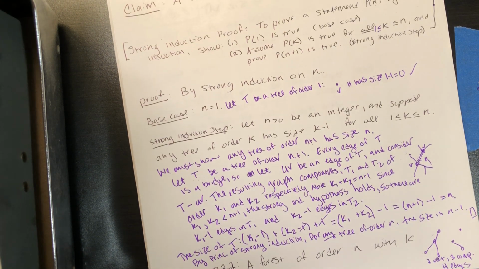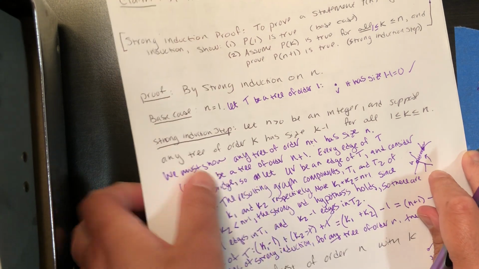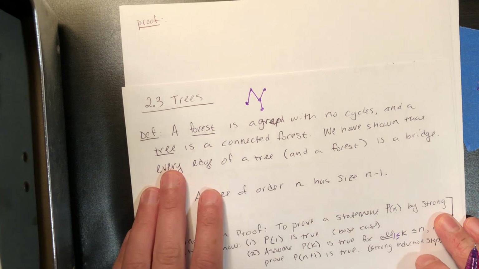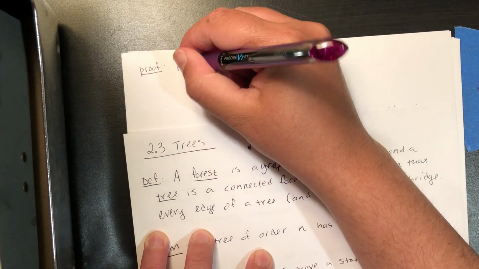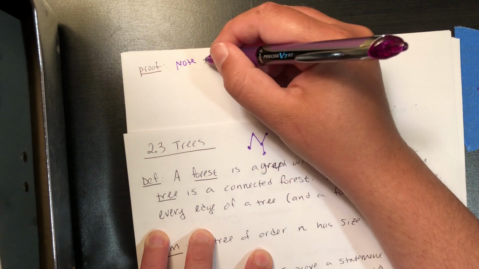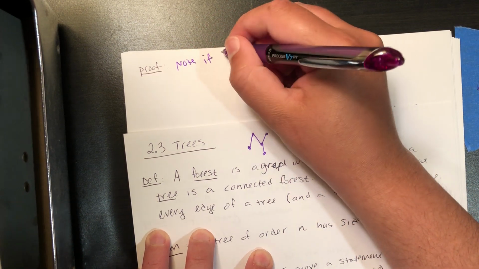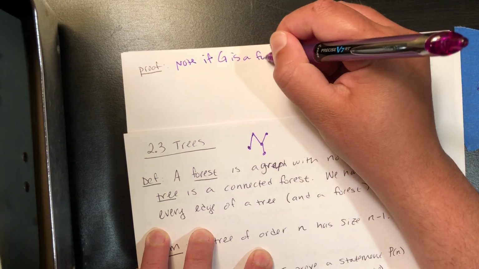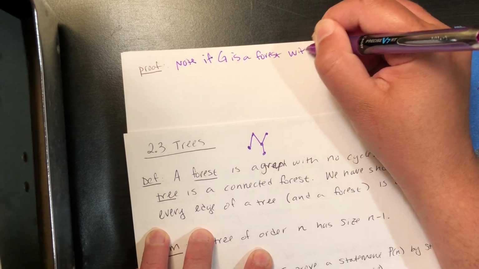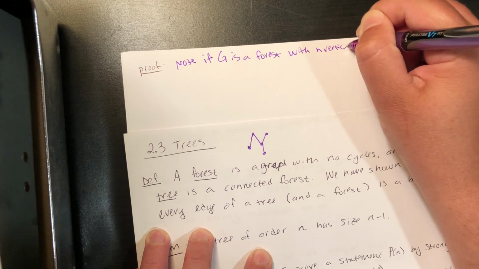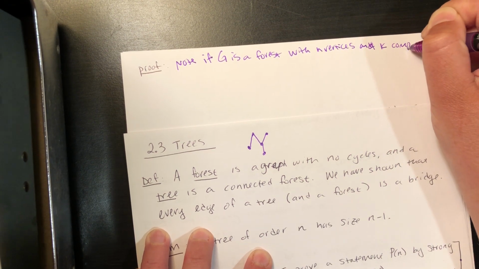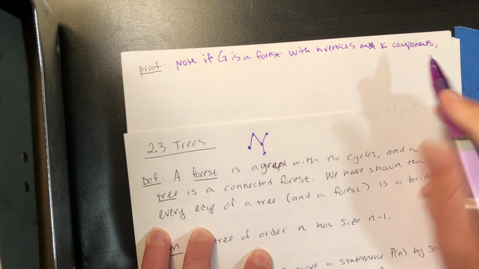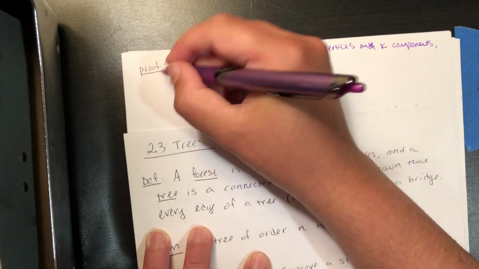Okay, so how do we prove that? Well, this follows from the fact that, I'll get this covered up for the next video. If we want to prove this, note that if a graph G is a forest with n vertices and k components, each of those k components is a tree.